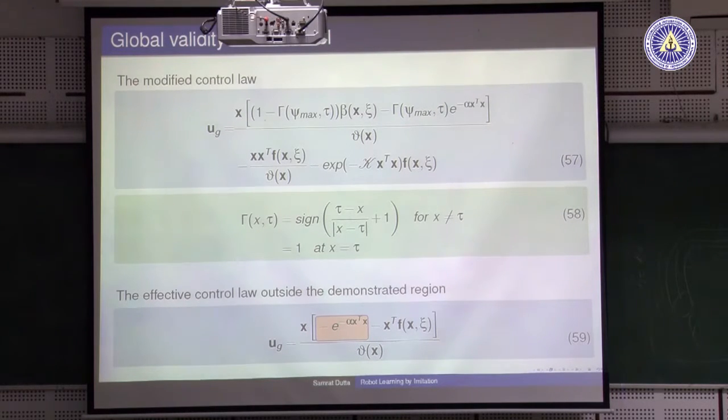Now, here it is minus e to the power minus alpha x transpose x. That means, if we use this u g outside the demonstrated region, the energy dissipation rate will be this, which is basically negative, and a negative energy dissipation rate will ensure the stability of the system. Well, our job is done. We can use our robot outside the region of demonstration, fine.